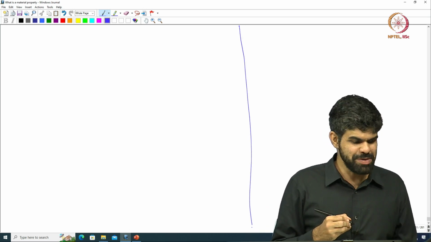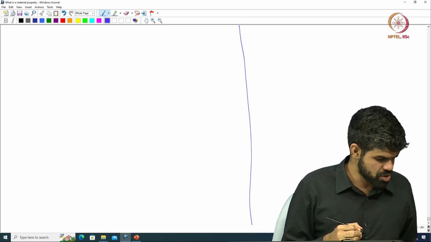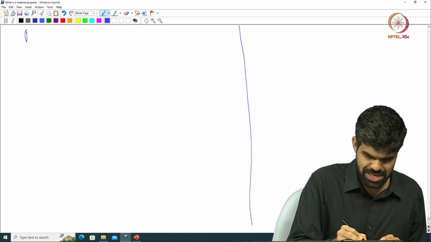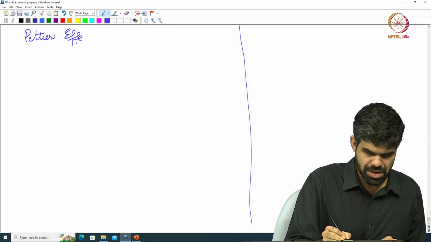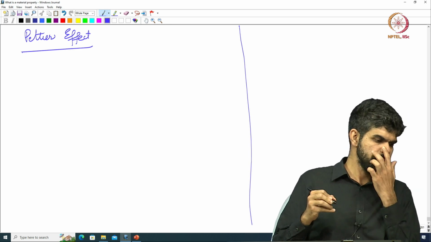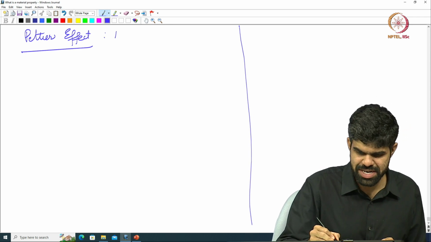Now the complementary effect of the Seebeck effect is what is called the Peltier effect. Okay. This is also a thermoelectric effect.